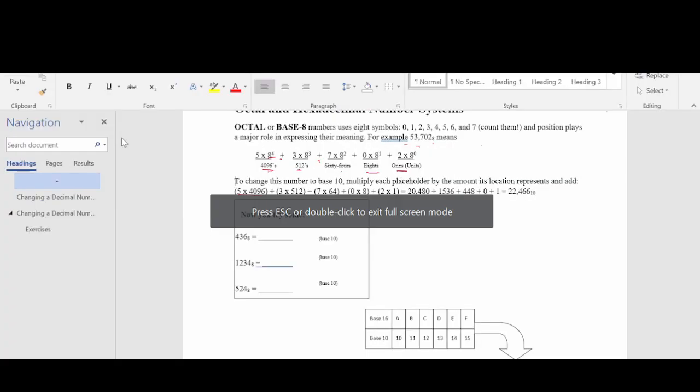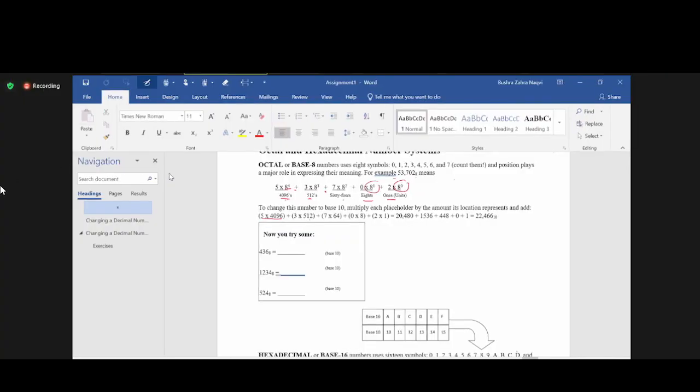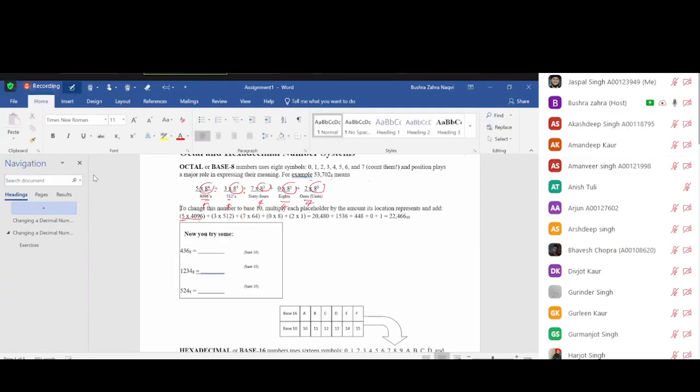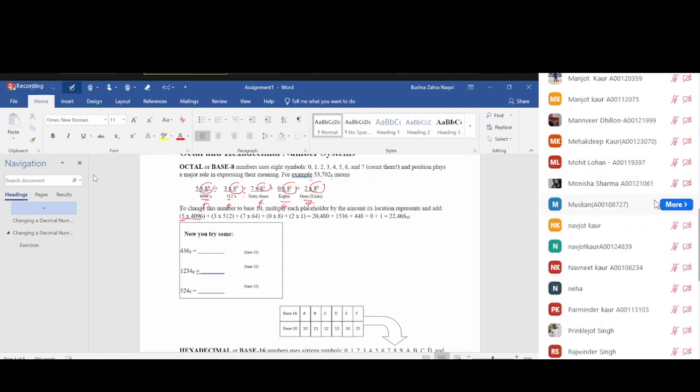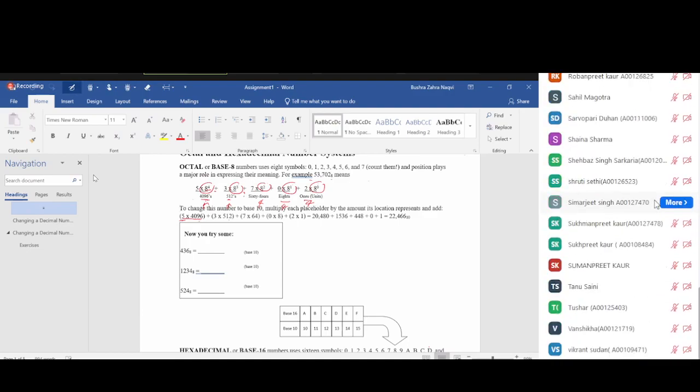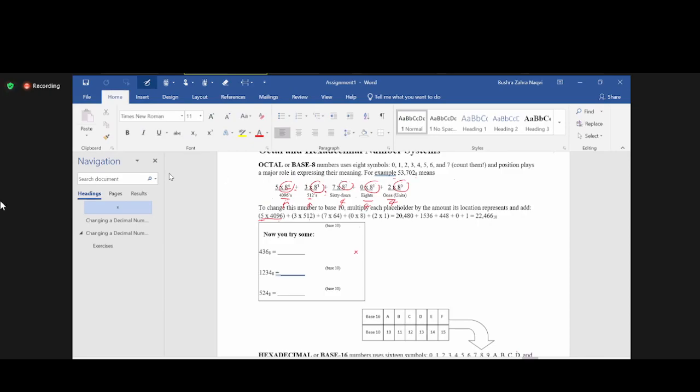Once you get these 8 raised to the power values, you multiply them by the corresponding digit value, which is 5 in this case, 3, and then 7, 0, and so on. And then add them together, right? Wherever you find 0, it is going to be ignored.